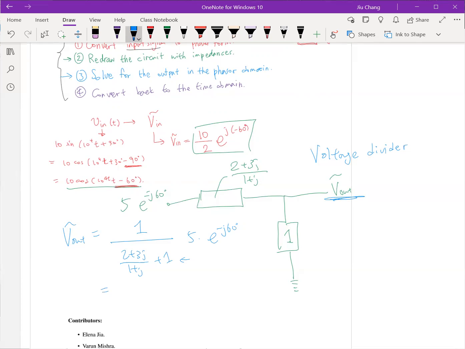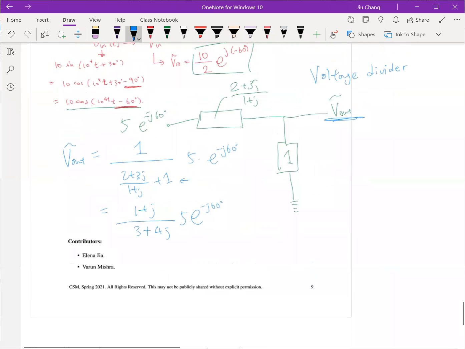So if we do this algebra, we get 1 plus j over 3 plus 4j times 5 e to the power of negative j 60 degrees.